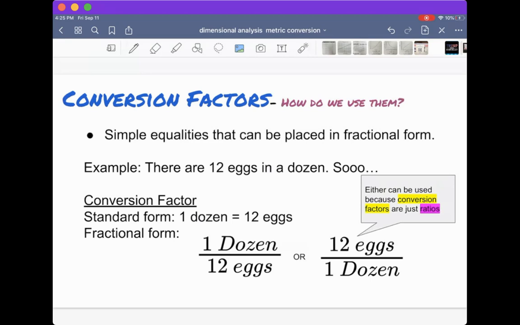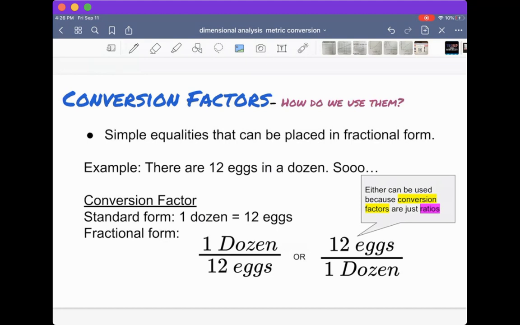When you have that expression, you can express them in a ratio or fractional form. Okay, so we are going to take an equality.